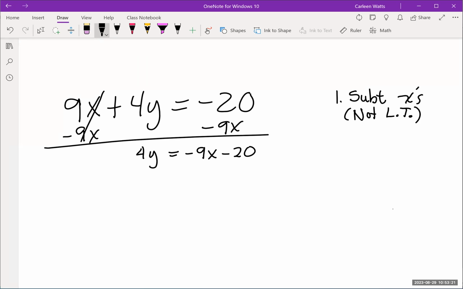Okay, so I need to get rid of the 4, so I'm going to divide. Okay, y is equal to negative 9/4 x minus 5.